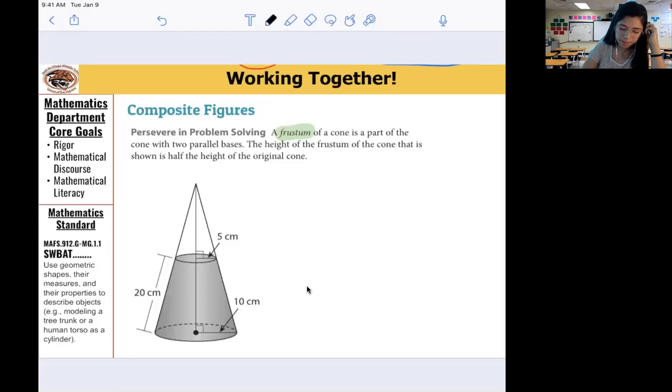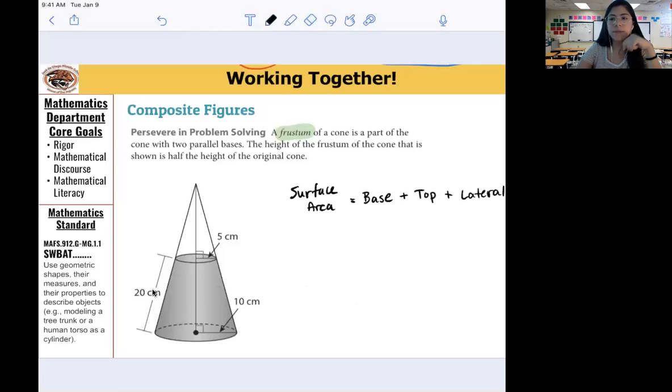So the surface area is made up of the base, so the bottom, the top, and then everything around, which is my lateral area. Now, each of these is going to have a slightly different formula because what's wrong with the top and the bottom? Are they the same? They're not the same, right?